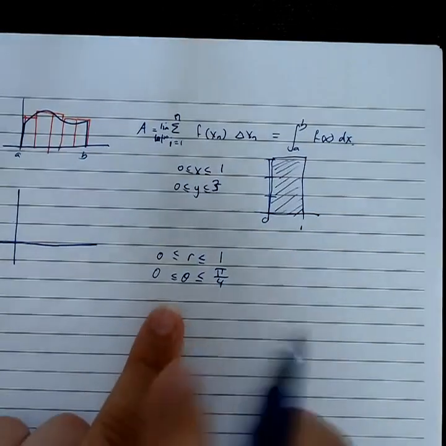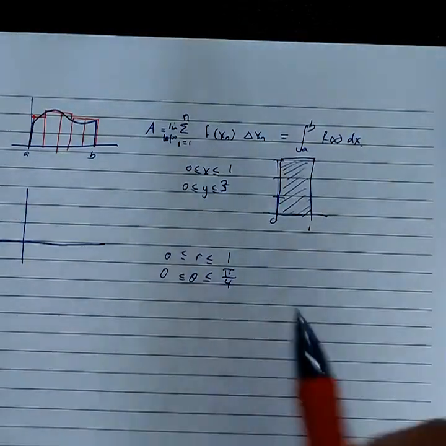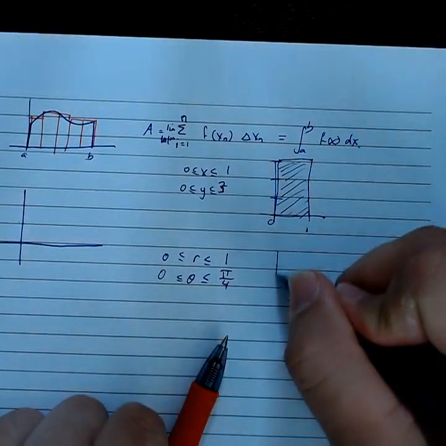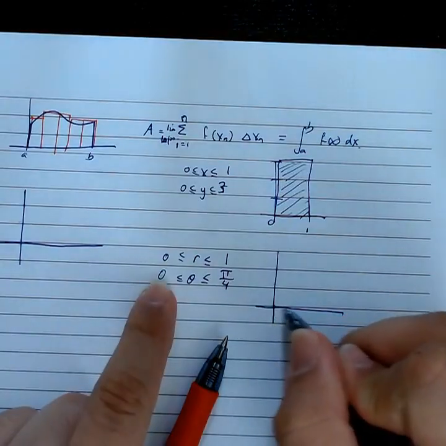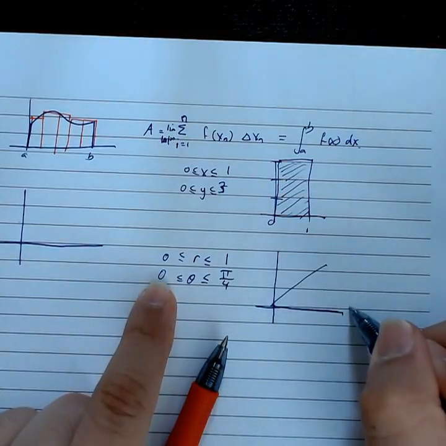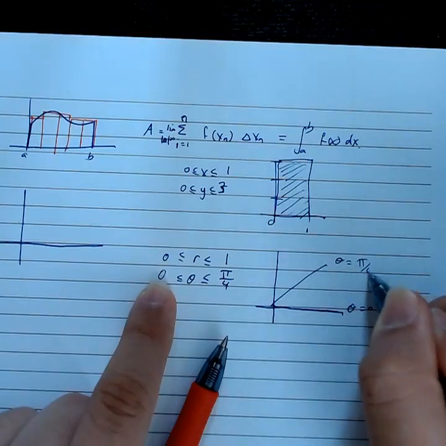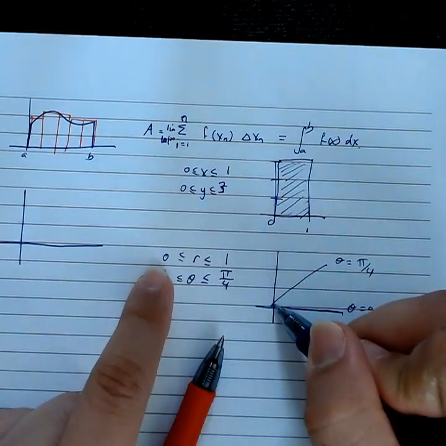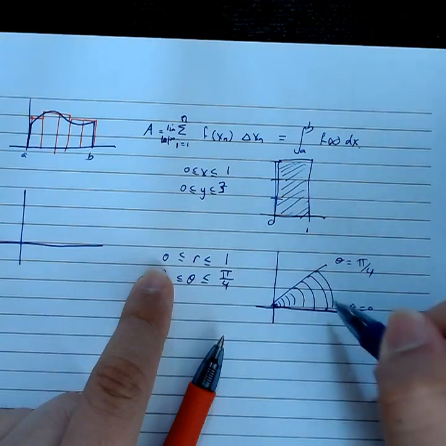Note that theta being bound between 0 and pi over 4 means that you're looking at a region between here and here, between the angle 0 and the angle pi over 4. And now saying r is between 0 and 1 means that you're starting from the pole and taking every possible value until you get out to a radius of 1.